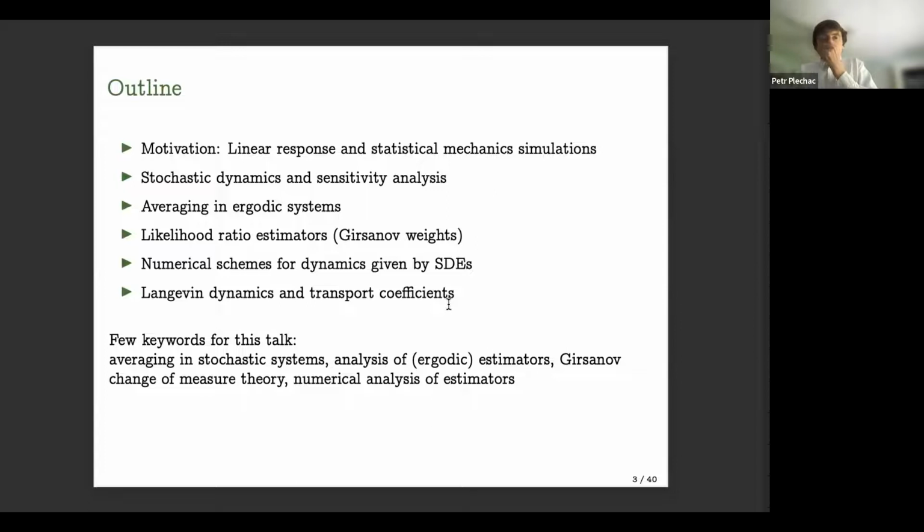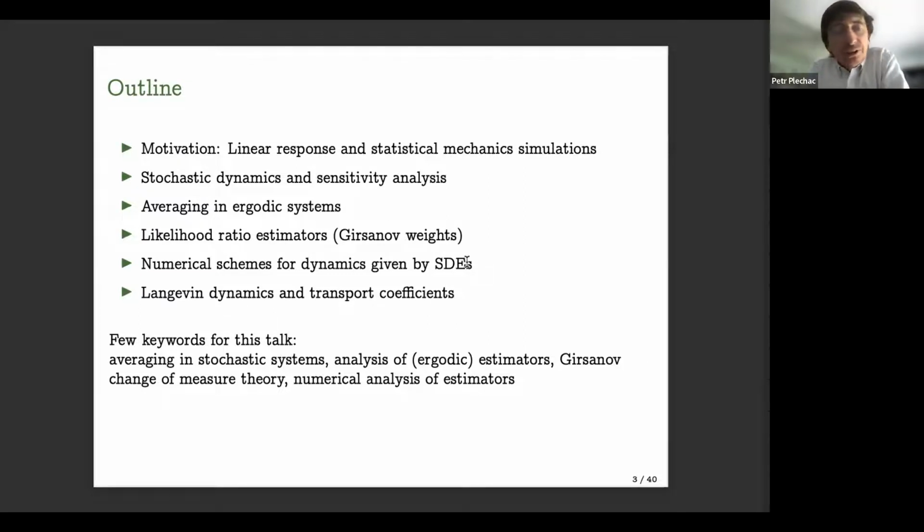I should say that, of course, estimating sensitivity or estimating perturbations of the dynamics is quite a common task in many applications, for example, in finance. The difference in this talk will be that we are interested in estimating sensitivity with respect to the stationary distribution of the dynamics.